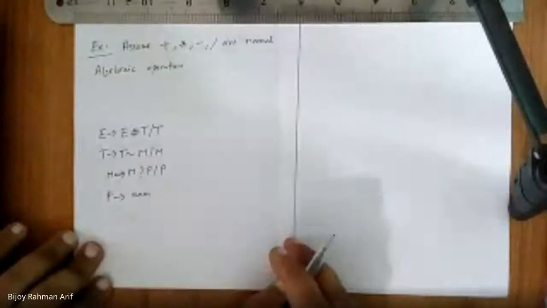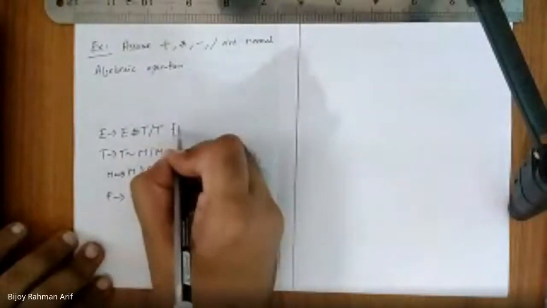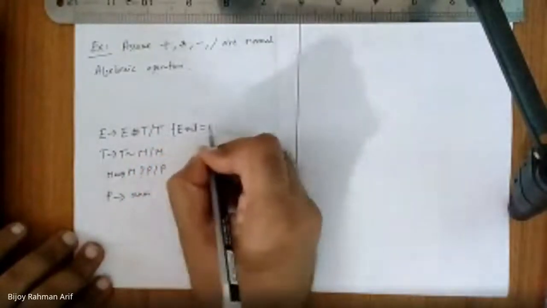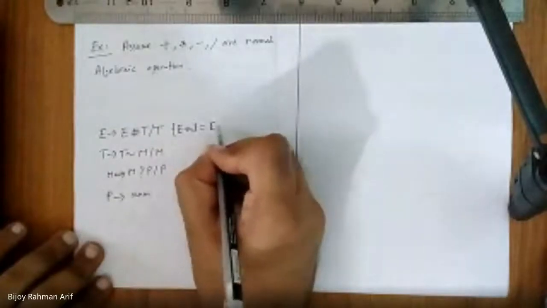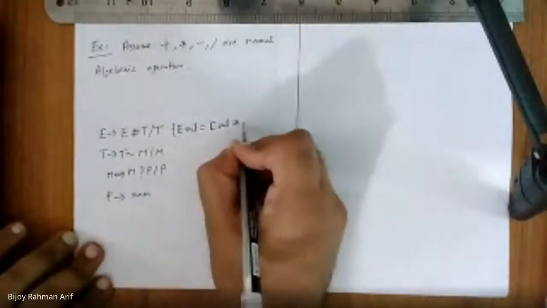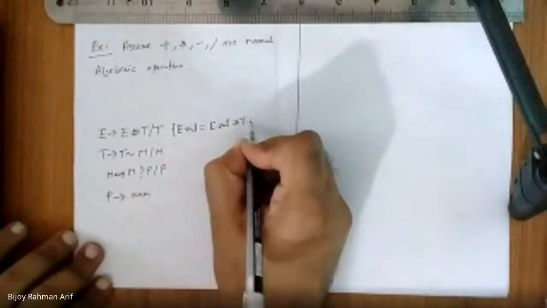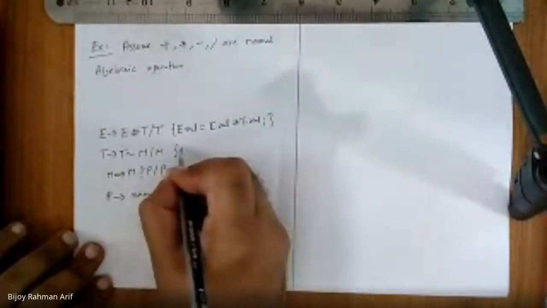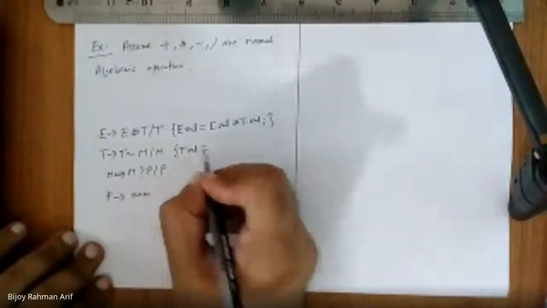Okay? P derives num. And E dot val is nothing but E dot val star T dot val. Then T dot val is nothing but T dot val.